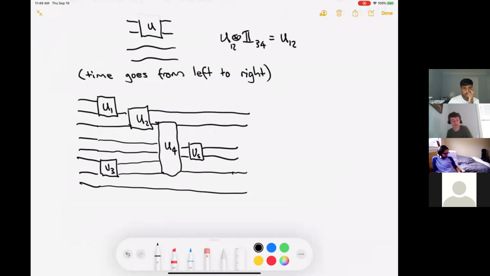In this notation, how would you show something acting on, like, bits 1 and 8? Is that difficult? Yeah, good question. It's a bit more notationally messy. The easiest thing to do, if you have a simple enough circuit, is to just move qubit 8 up to be in the second position.